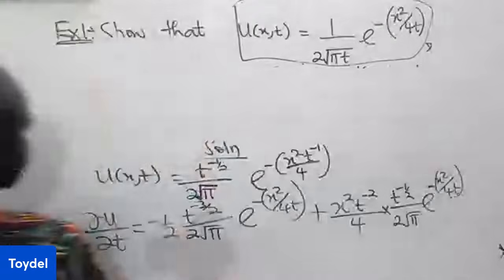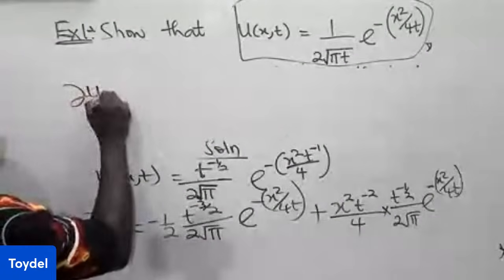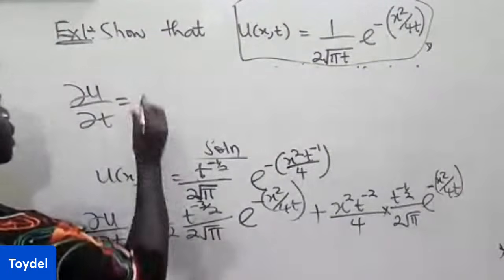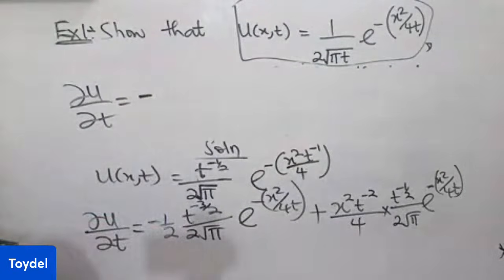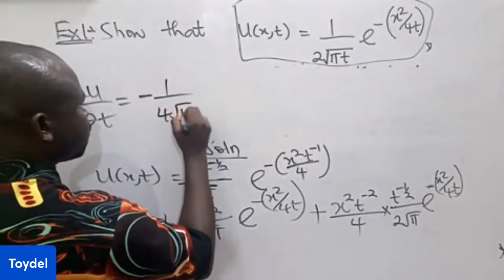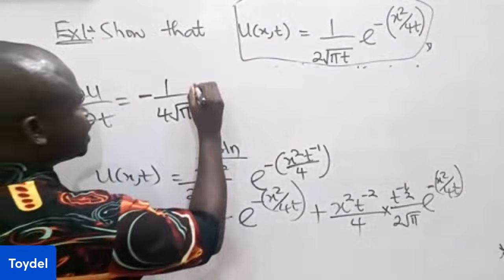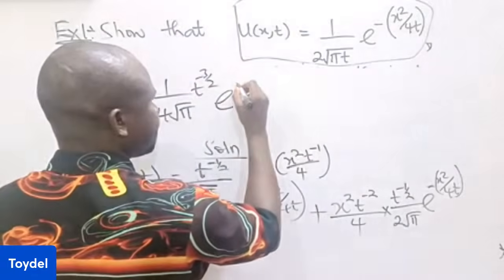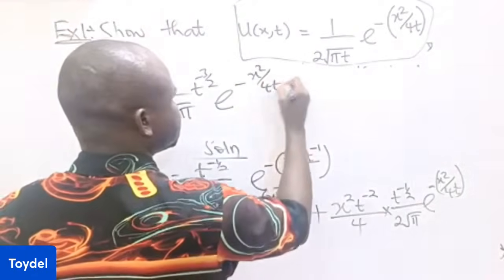So finally, the value of di u all over di t will now be, we can write everything neatly. 2 times 2 will be 4. So I'm going to get minus 1 all over 4 square root of pi. Then this is t raised to power minus 3 all over 2 exponential minus s squared all over 40.